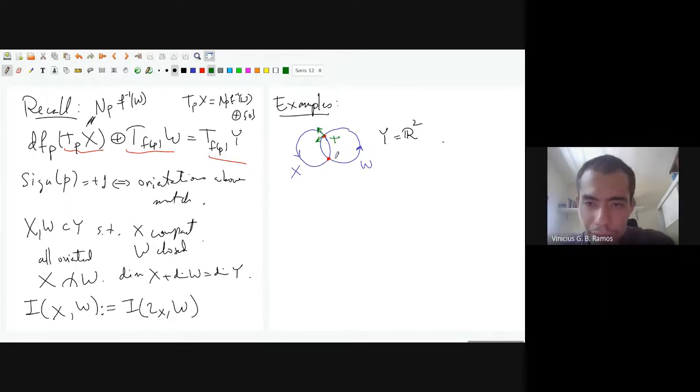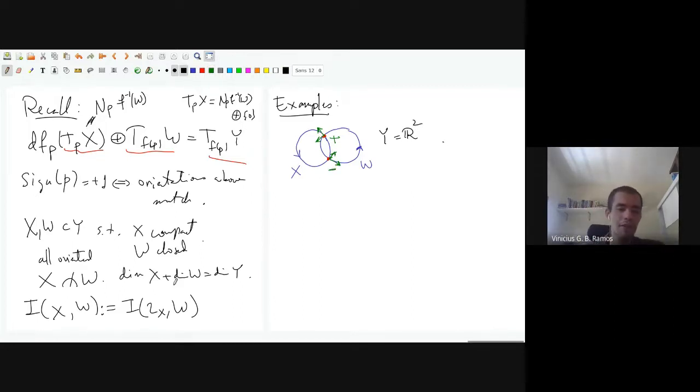And then when you look at this other point, here you have the orientation from X, here you have the arrow for W. If you first put the oriented guy in X, and then you put the guy in W, then you don't get the right orientation for R2. So you get the wrong one. So that means that this guy has a minus sign.